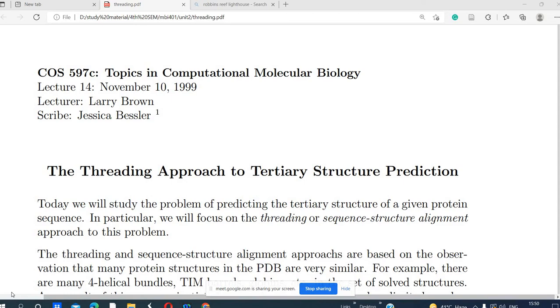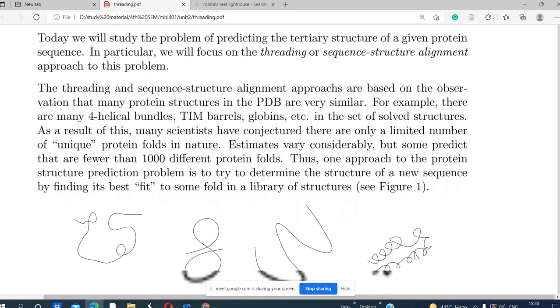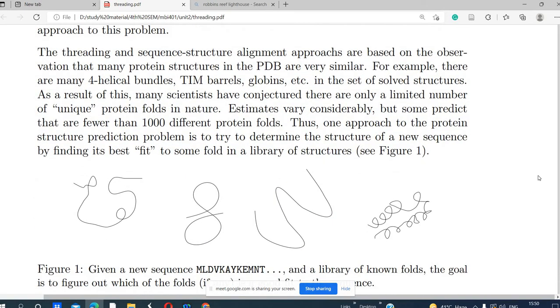What is this method? We want to predict the tertiary structure of a given protein. In the threading method, first we focus on the sequence structure alignment. That sequence structure alignment is important to predict the structure of the protein.